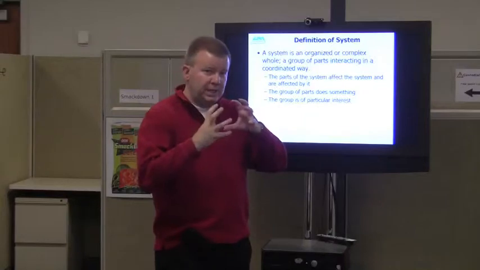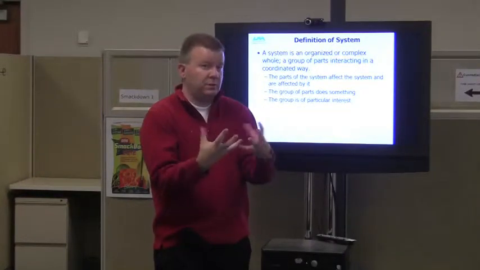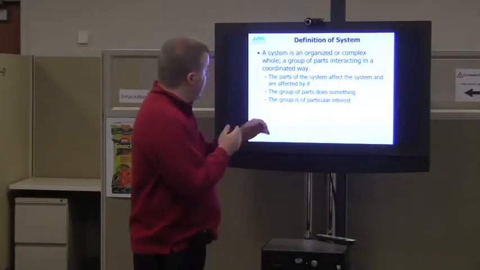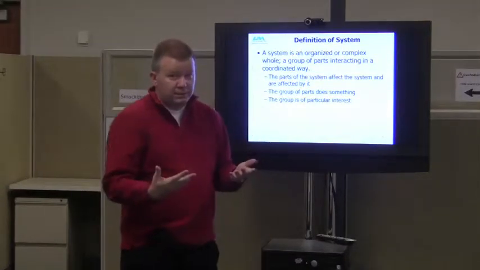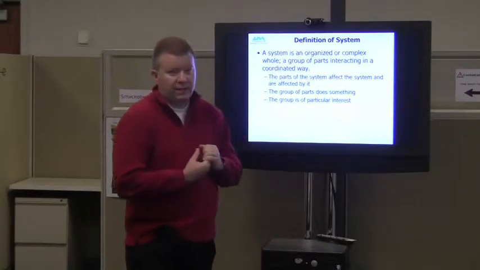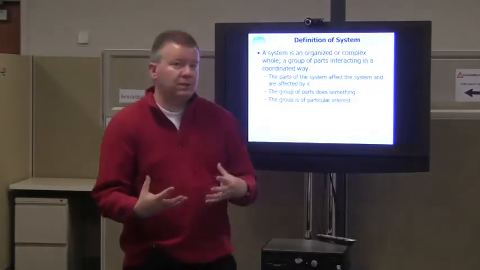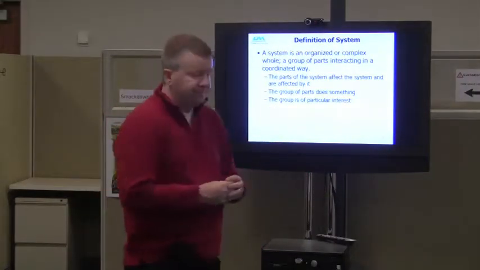They're all working together to accomplish some sort of job or function. The group of the parts does something, and that's the big part to it. And the group is of a particular interest to someone, and that defines a system, okay?